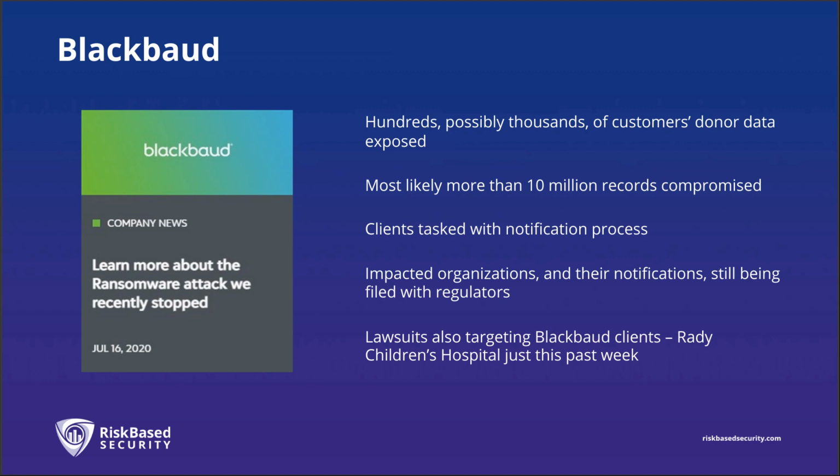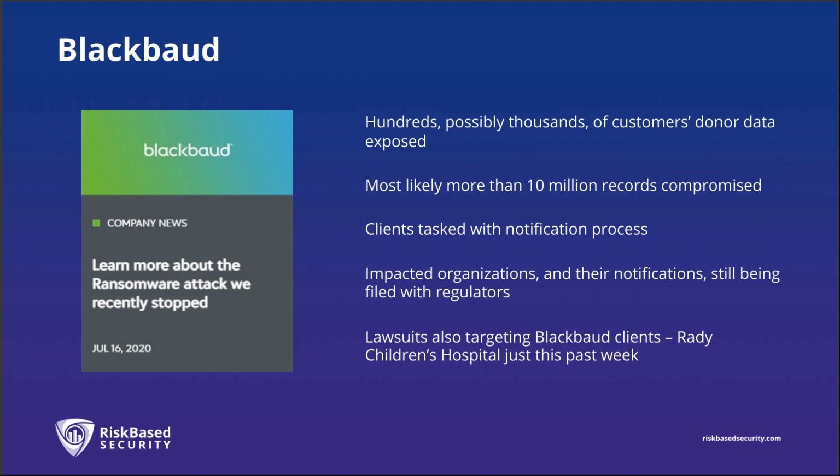And in 2020, we did see probably one of the most, I don't know if egregious is quite the right word, but an example of a third-party breach that's going to stick with us on the research team certainly for a very long time. And that is the events that unfolded at the software service provider Blackbaud.